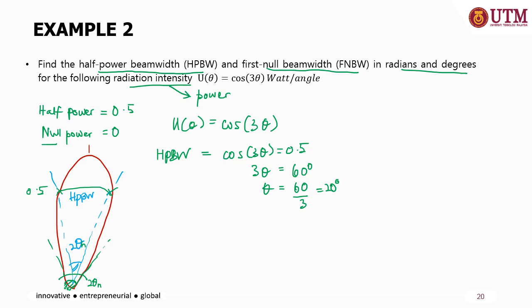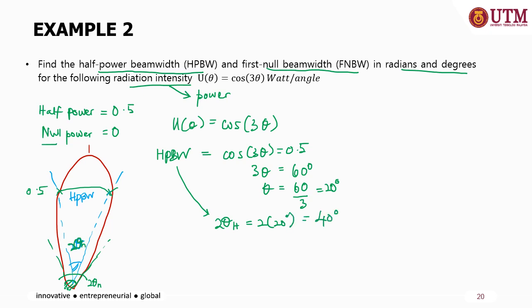But don't forget that for HPBW, the angular separation is given by 2 theta. So 2 theta for HPBW equals 2 times 20 degrees, equal to 40 degrees.